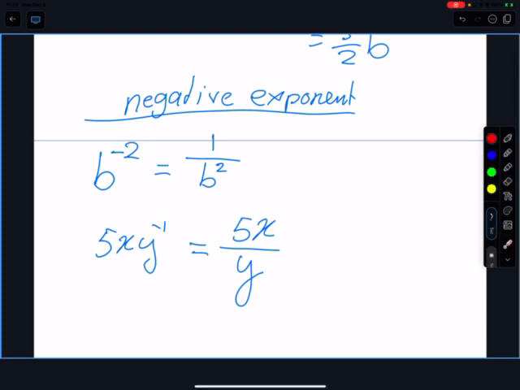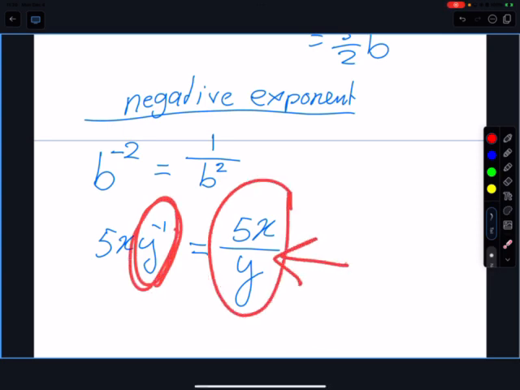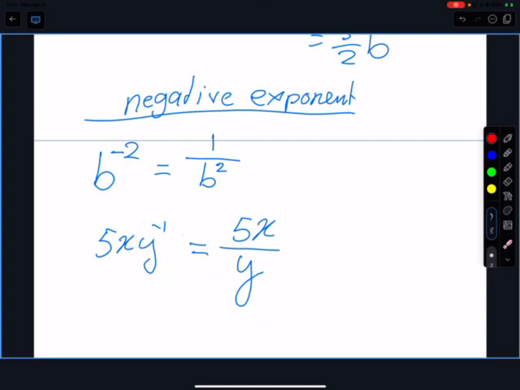You do not leave a negative exponent. You have to rewrite it in this form. So a negative exponent means 1 divided by the power.